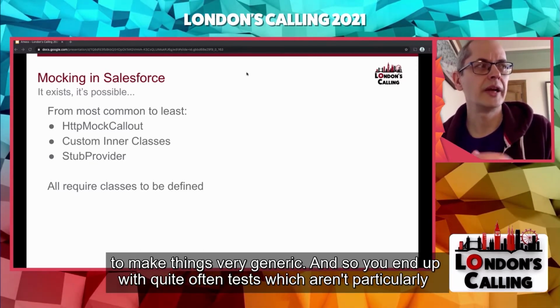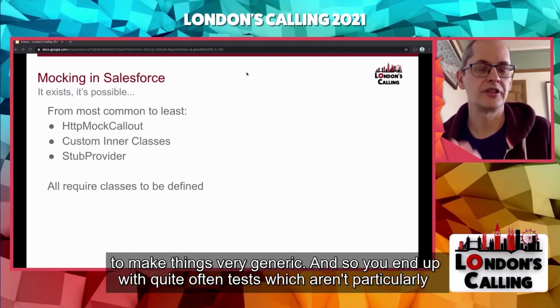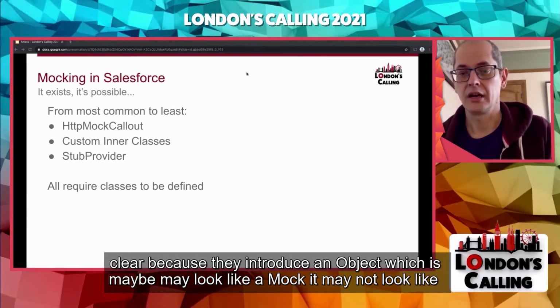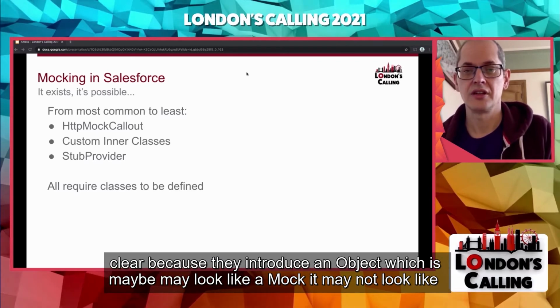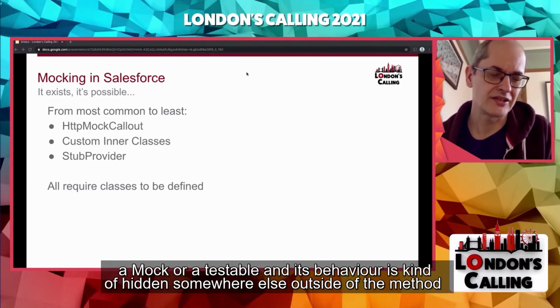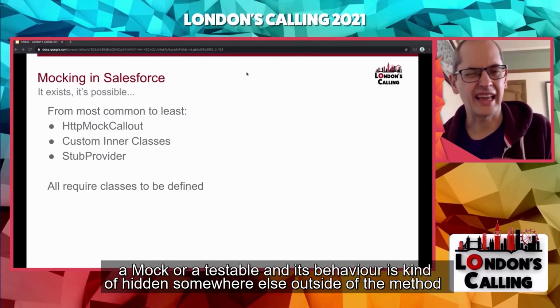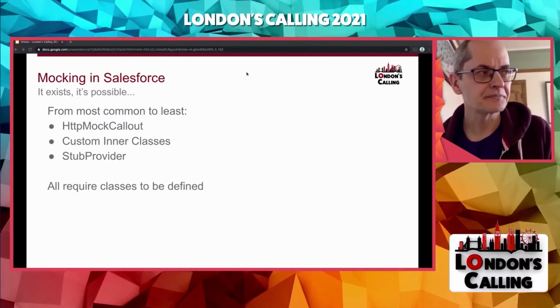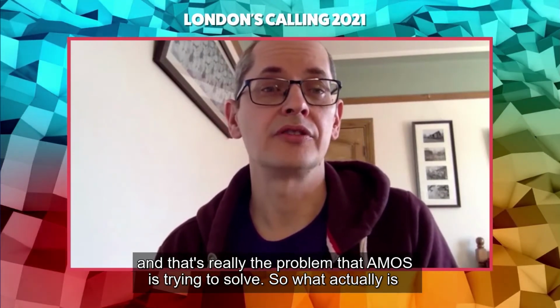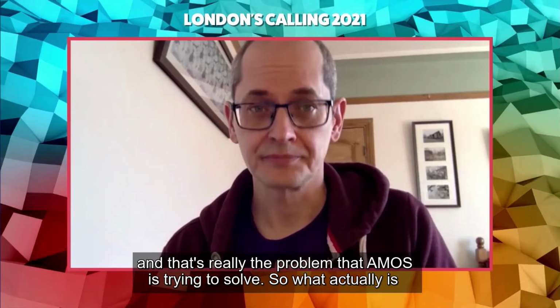So you often end up with tests which aren't particularly clear, because they introduce an object which may or may not look like a mock or a test double, and its behavior is hidden somewhere else outside of the method. That's really the problem that Amoss is trying to solve.